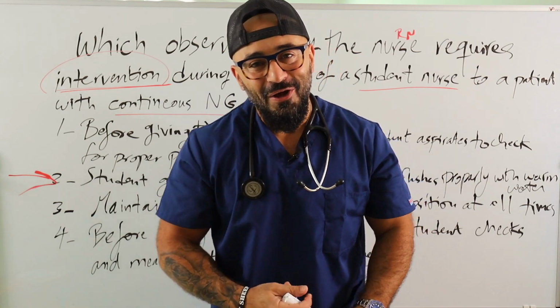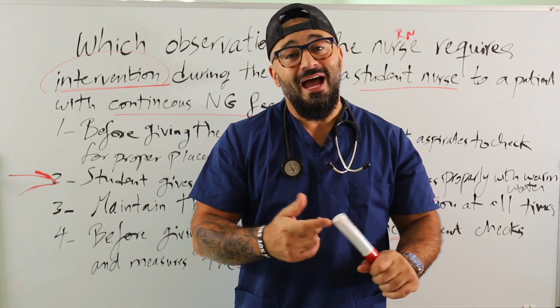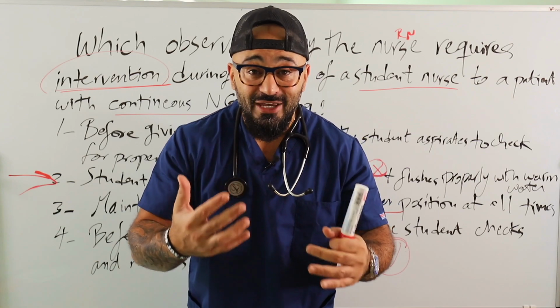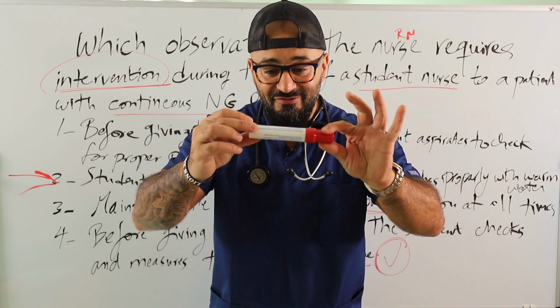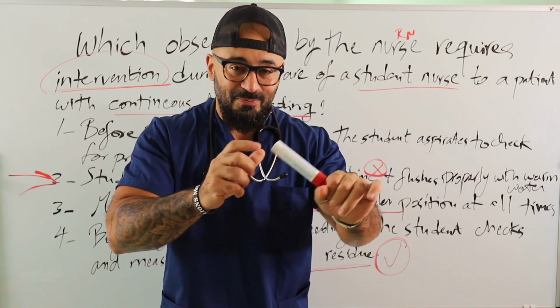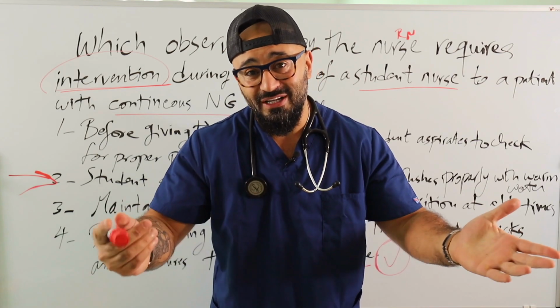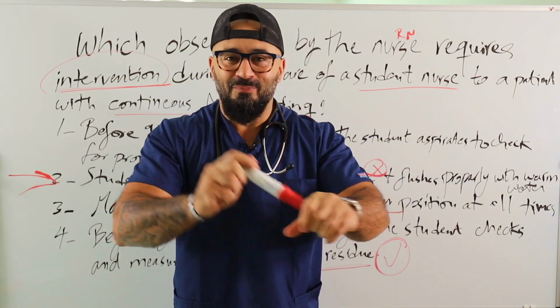Listen, when I started my nursing career in one of the hospitals overseas, I used to see practical nurses, which is like UAPs, give NG feeding, and this is how they used to give it: a 50 mL syringe, they'd put it in the NG tube and push the feeding because they wanted to finish. Like, we're working in an ICU, you've got 20, 21 patients, and then boom, boom.